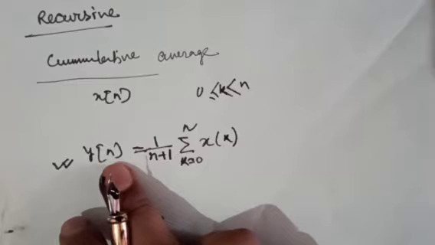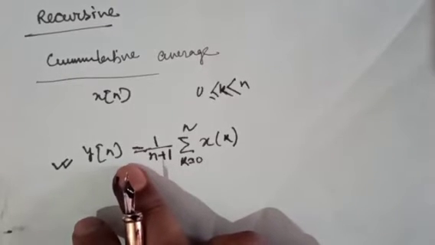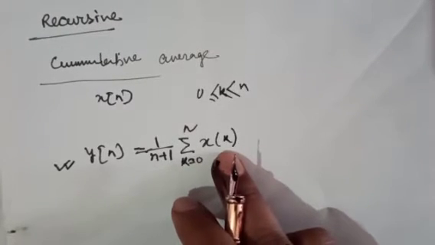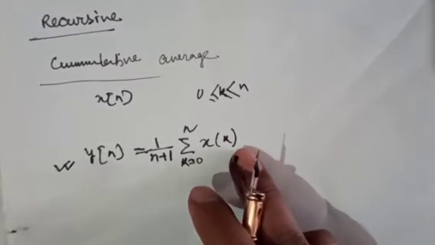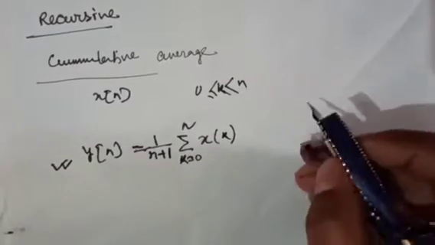Suppose n is equal to 5, say at the fifth month, January, February, March. Then what we require is x(0), x(1), x(2), x(3), x(4), x(5). So just imagine your bank account.